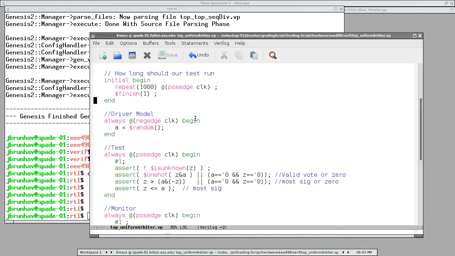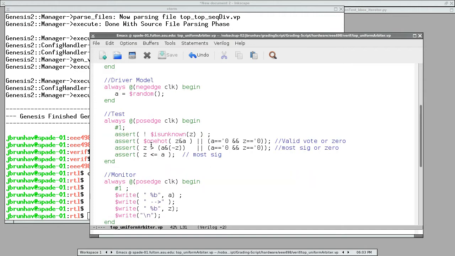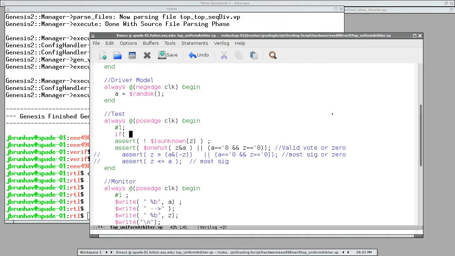And then later on, we'll build something more comprehensive. The only rules I think we have for our design is that the value be defined and not one hot. So we can uncomment these assertions. It's probably wise to guard these in case we're in reset. So reset is active low.